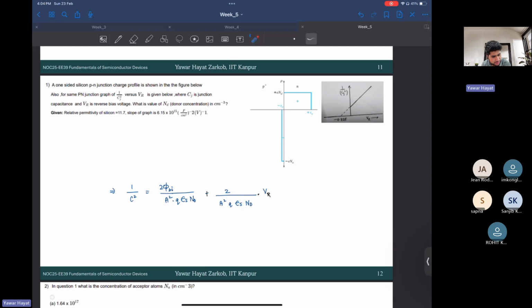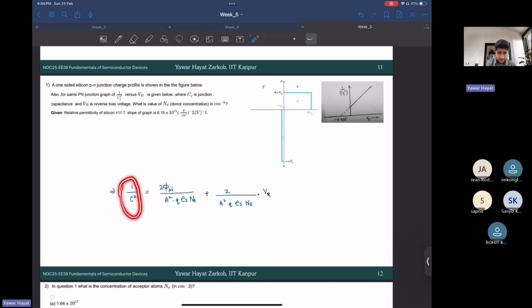And what have you been asked? What is the value of the donor concentration, right? The quantity that you have been provided is this one, right? And what is this? This is the intercept on the x-axis, which you'll obtain if you put y as 0.